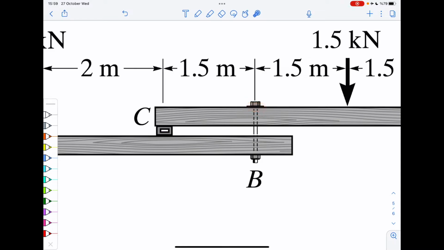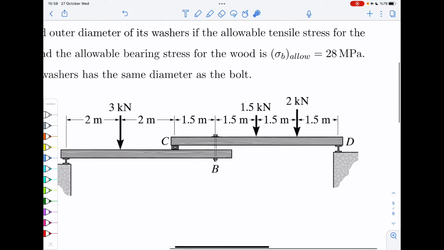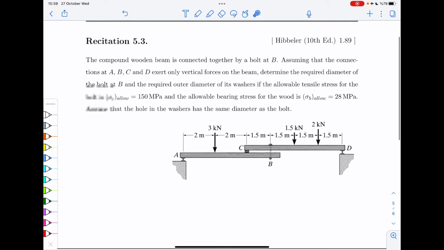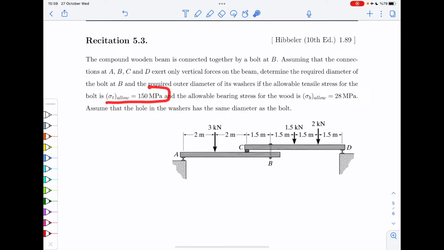So what we want to do is to make sure that that bolt and washer are safe. They have allowable stresses given in the question. So what you want to do is to make sure that's true.